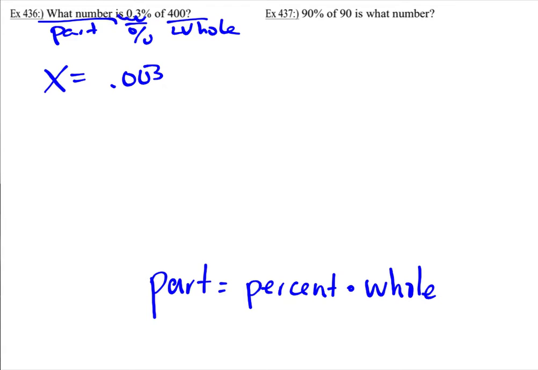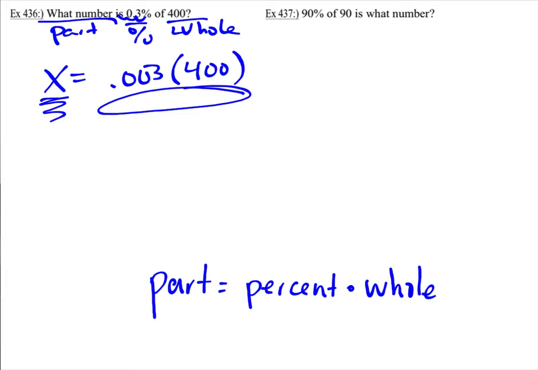You move it twice in this direction, you get 0.003 times 400. Now on this one, x is already by itself. We just type this in the calculator. 0.003 times 400, and we get 1.2. So 1.2 is 0.3% of 400.